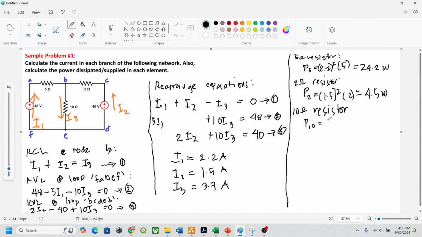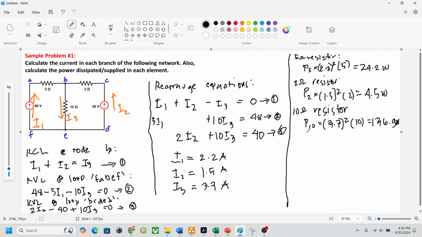The current flowing is 3.7, so that's 3.7 squared times 10. It's basically 136.9 watts.